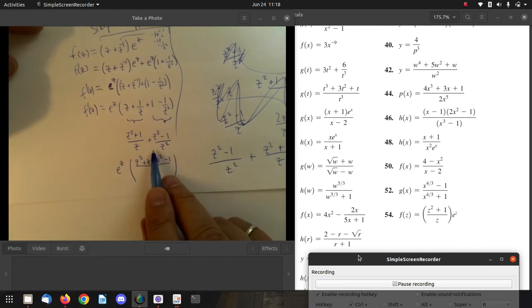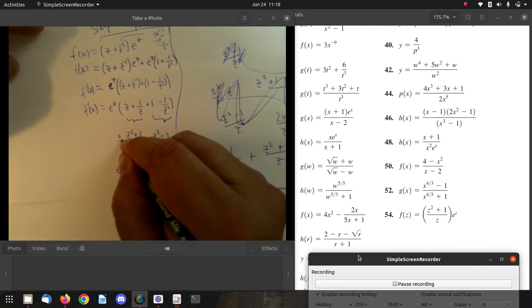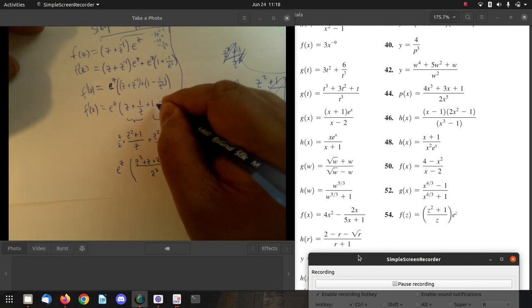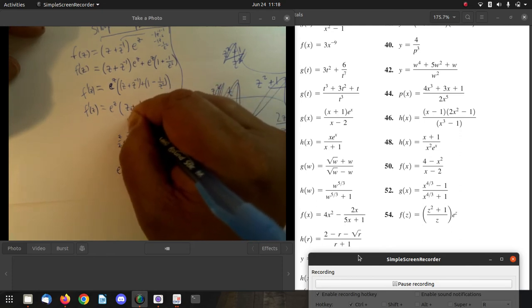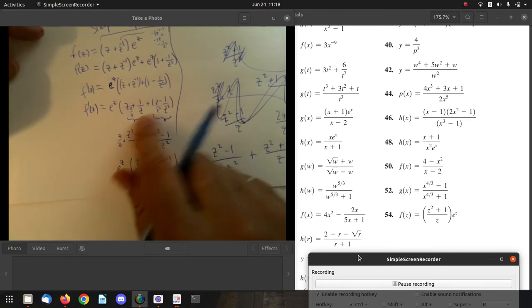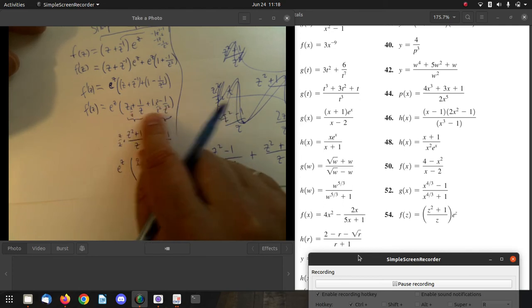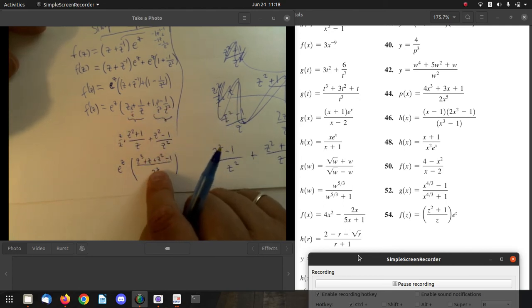And you get that by just doing common denominators. This one's multiplied by z over z. Here you're multiplying by z squared over z squared. Here you're multiplying by z over z. So just pause the video, take a moment, think about what I'm doing. Oh yeah, we're just multiplying by common denominators and putting in a different form.